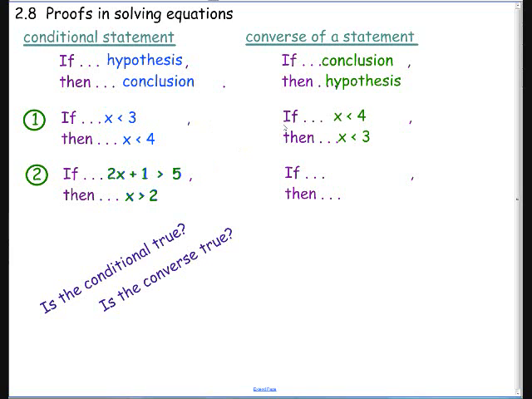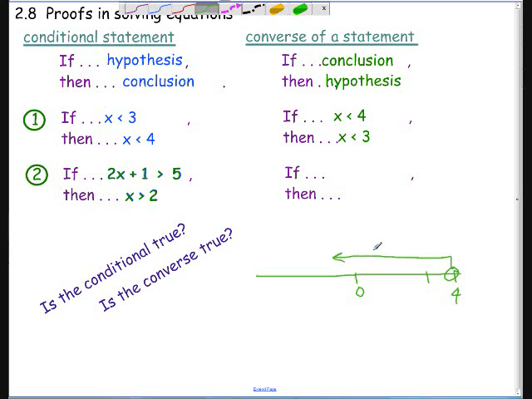Now we're going to take our conclusion and say if x is less than 4, so here's what we're saying, does it necessarily tell us that x is going to be less than 3? Well, no, because we could have x in here and it would be greater than 3.